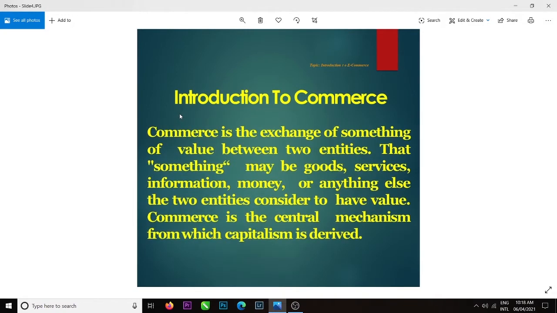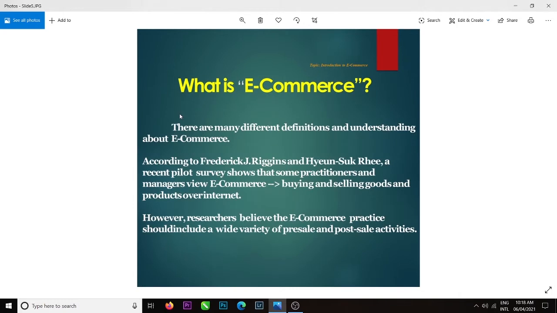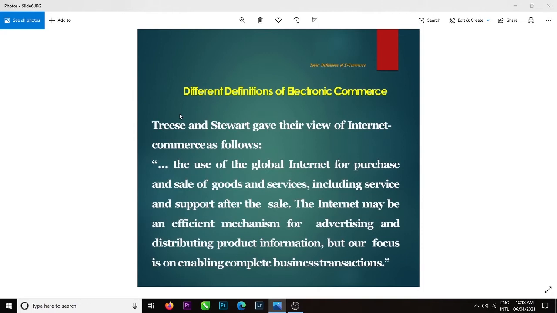So we learned in the first video that commerce is the exchange of goods for value between two people or two companies. This is a physical exchange. E-commerce is an exchange of goods through electronic mode. Buying and selling of goods or products through the internet is called electronic commerce.